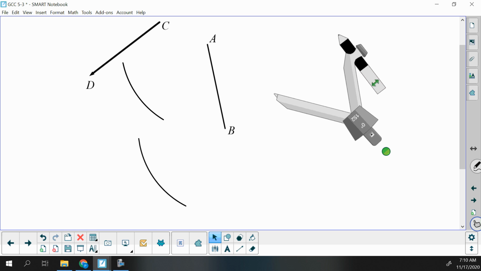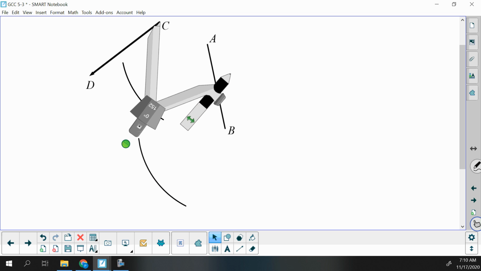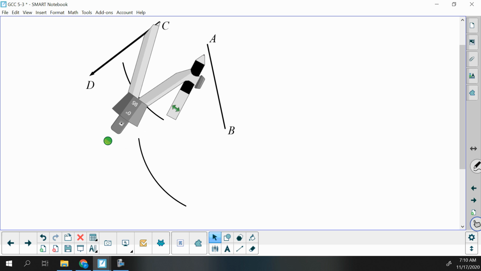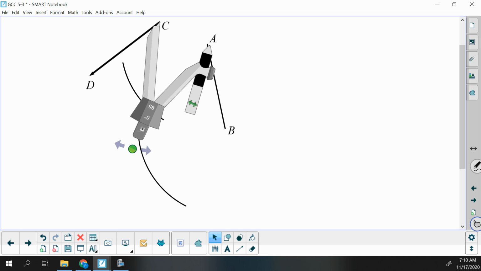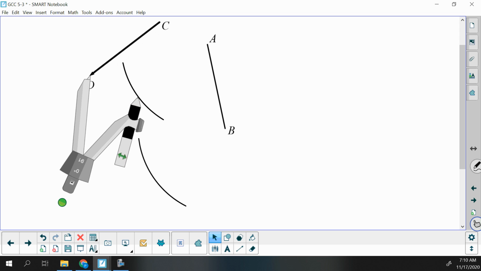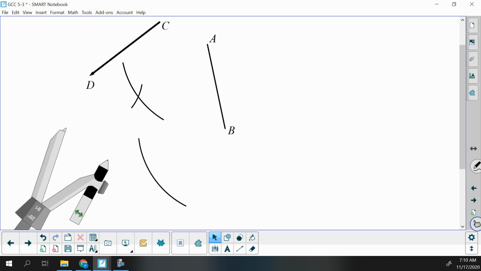So now for our other arc, it's going to be different for each point. We're going to put our point on C and put our pencil on A. And then we move that point down to D, and we make our arc. That intersection is where A prime will be.